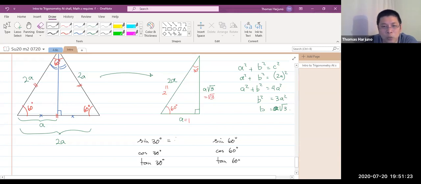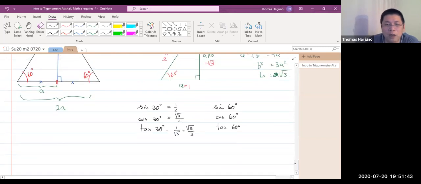Cosine 30 degrees, from that 30 degrees, see the adjacent, which is radical 3 over 2, over the hypotenuse. Tangent 30 degrees is 1 over radical 3, which rationalized is radical 3 over 3. Now, if possible, memorize these two values of tangent 30 degrees. One of them, the original one, and the second one is the rationalized one.